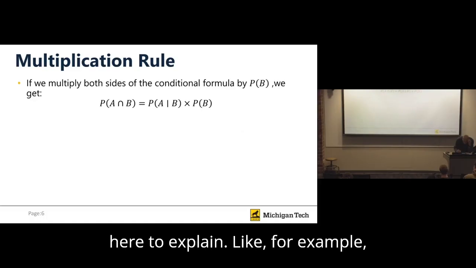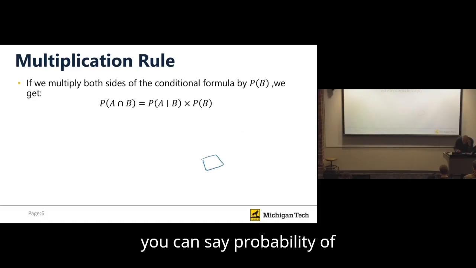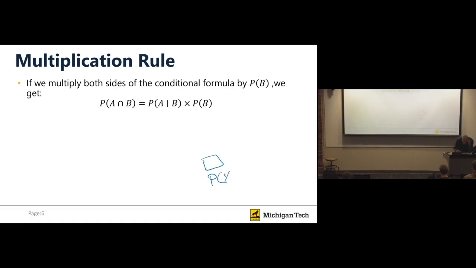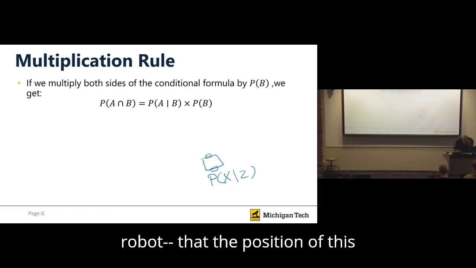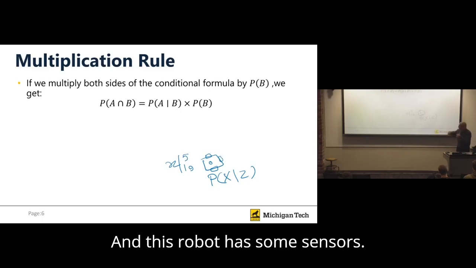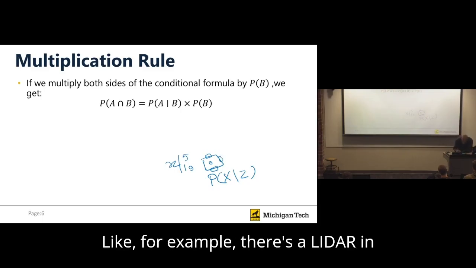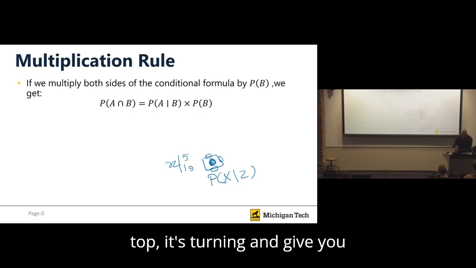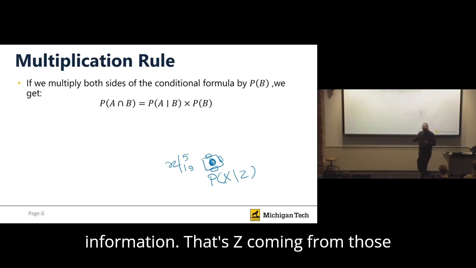For example, you can say probability of X given Z. This is a robot, and the position of this robot is X, like 5 and 10 in the grid. And this robot has some sensors, for example a LiDAR on top, turning and giving you information.